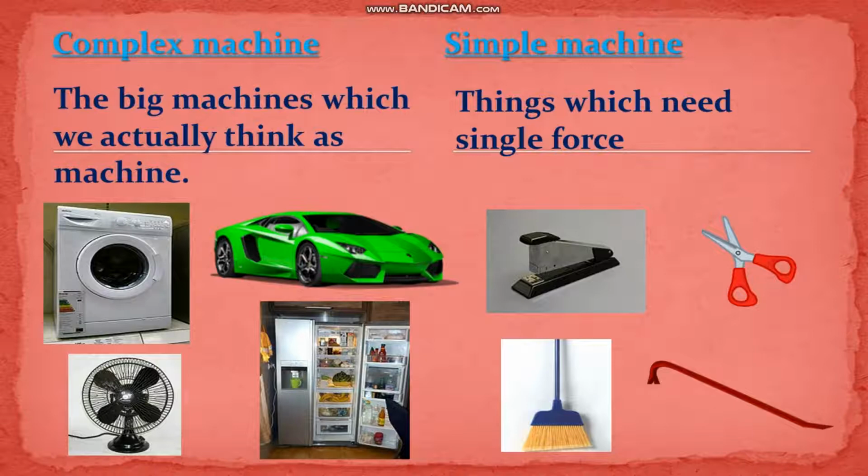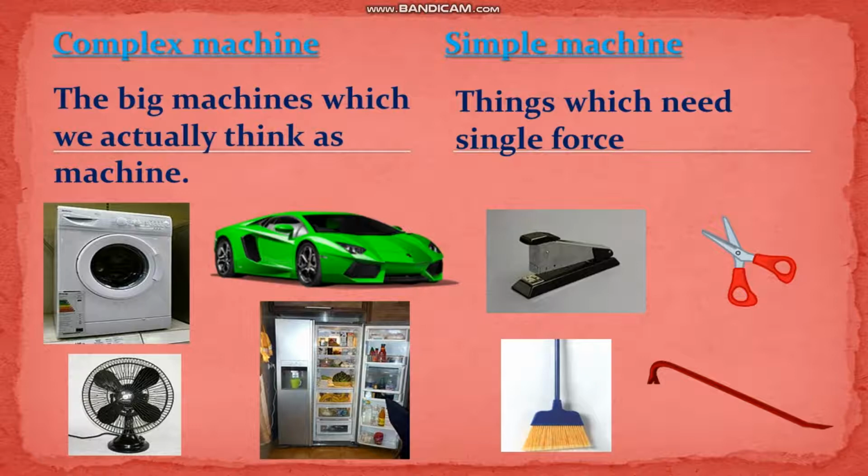So anything which requires less force, a single force, will be kept in the category of simple machines. So my dear children, machines are of two types, complex and simple. Simple machines require less force or no force, and the complex machines are the big machines which we actually think of as machines.